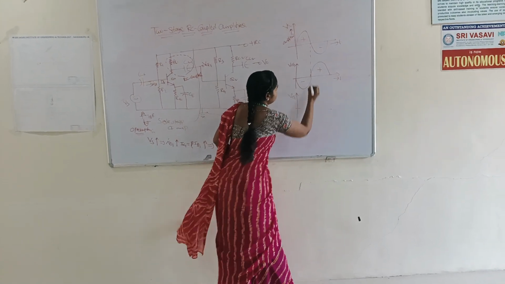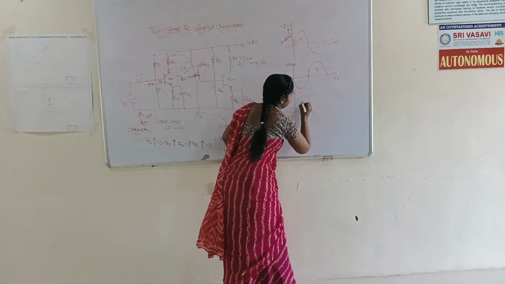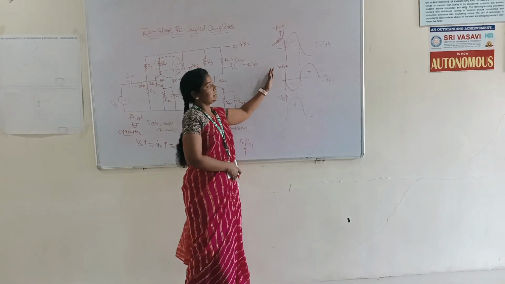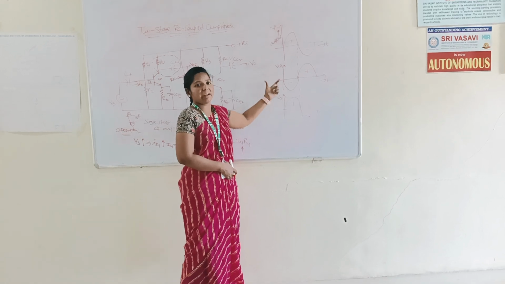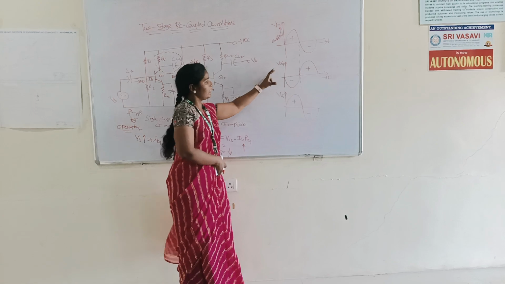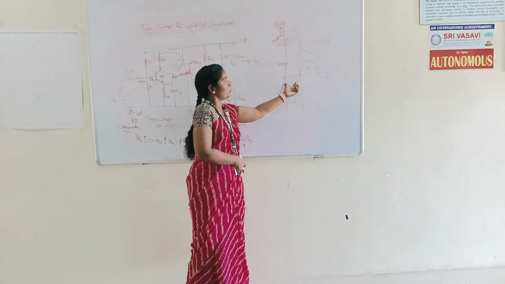Vice versa. This is the RC coupled amplifier. We are giving the input as increased input, then we are getting the output as negative. That means decreased output.